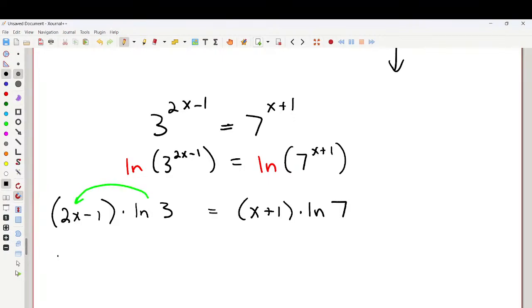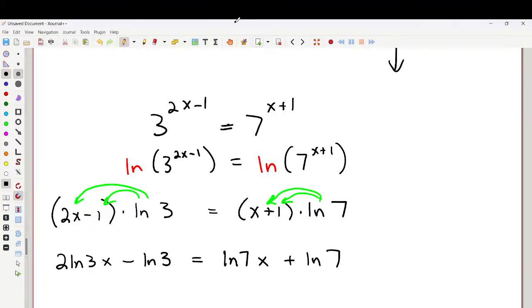So we get a 2 natural log of 3 times x minus a natural log of 3, and we'll get a natural log of 7 times x plus a natural log of 7.